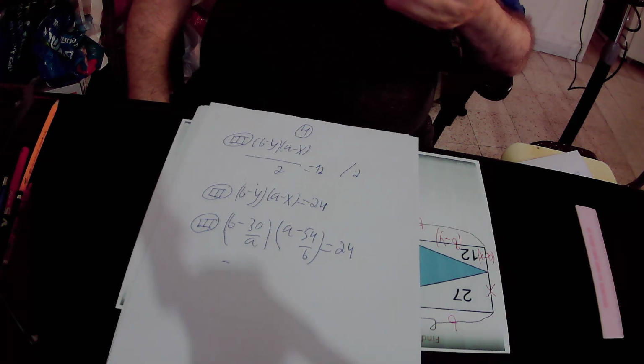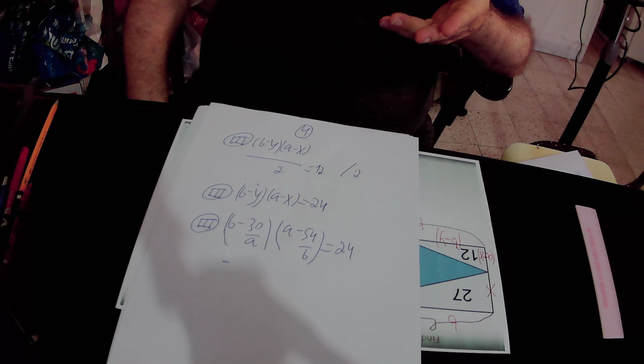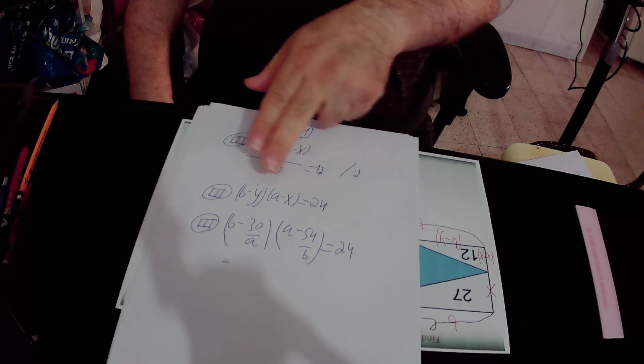In the next step, we will subtract 24 from both sides of the equation.